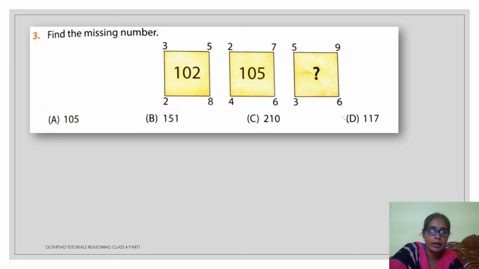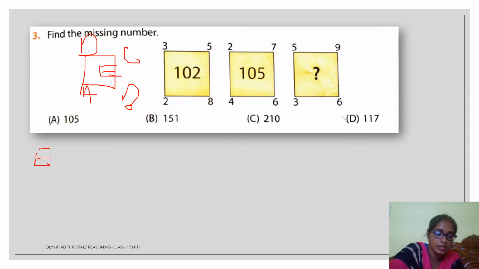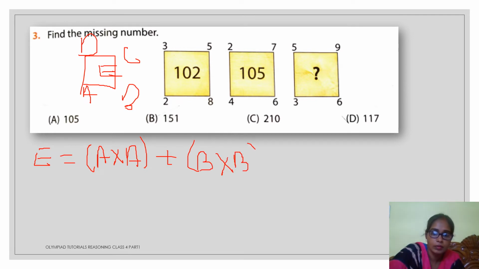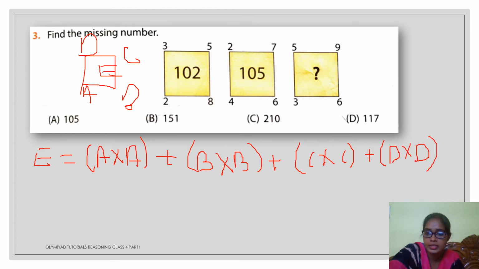Suppose you have a given square, and name the elements as A, B, C and D. Suppose this is E. You can use the formula E is equal to A into A plus B into B plus C into C plus D into D. So you can implement this formula here.